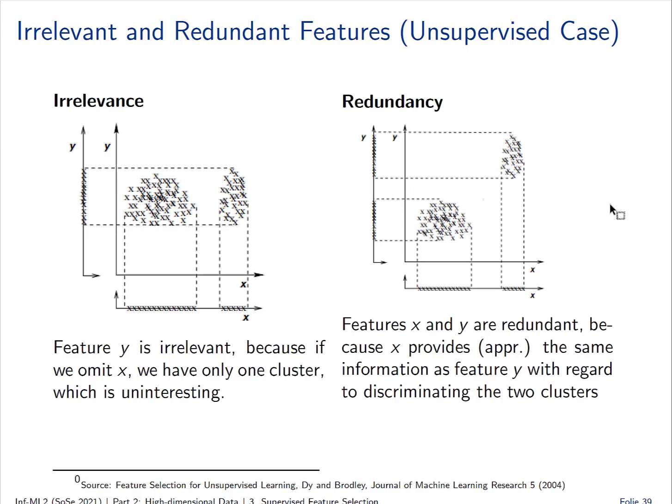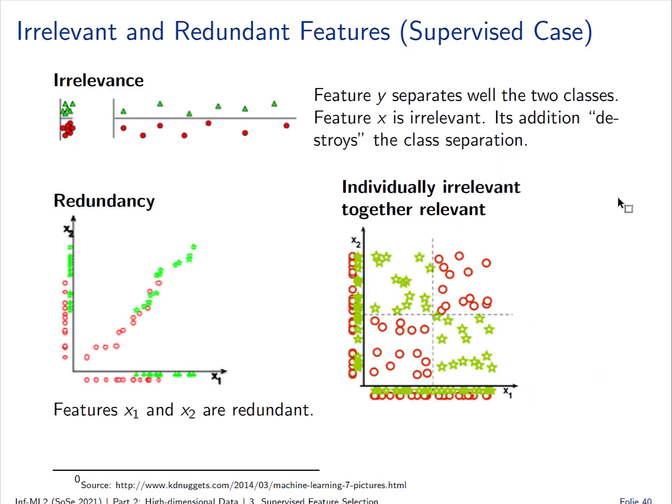So that is the example for an unsupervised case, and we also have an example for the supervised case. In that case, you see here that this feature is a good feature actually. On the y-axis, the x-axis would be completely irrelevant, because if we just project all the points on this line, on this feature, on this axis, we could not separate the two classes very well.